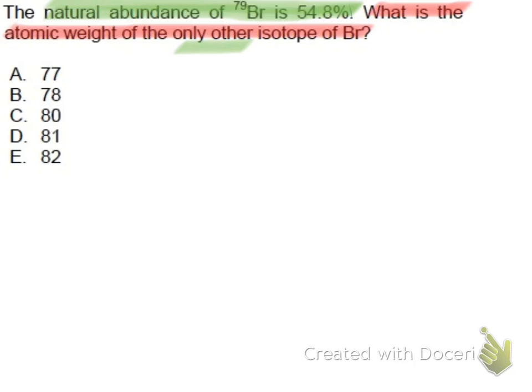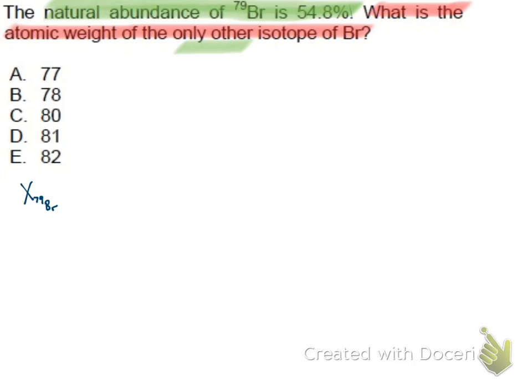We can express this mathematically in a simple formula. The idea is that we're going to have the fraction expressed by x of a particular isotope. In this case, we start with bromine 79. So let's write that down. 79 bromine.